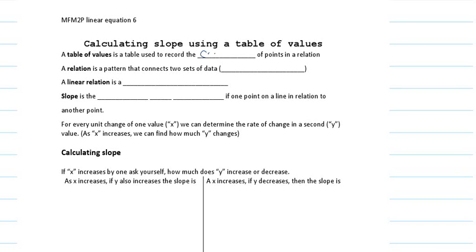Coordinates means the x and y value of points in a relation. So a relation is a pattern that connects two sets of data. What does it connect? What letters have we been talking about?